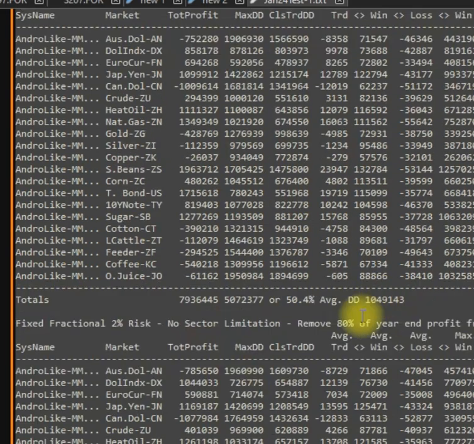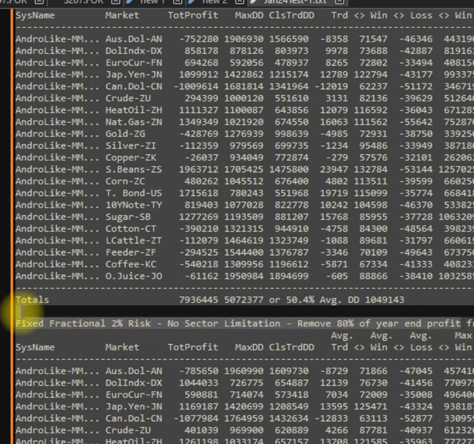And then I'm going to show you a fixed fractional, no sector limitation, and what we're going to do is remove 80% of the profit at the end of each year, meaning that if I make $100,000, I'm going to take $80,000 away from the amount of money I'm allocating to the position size in this next year.